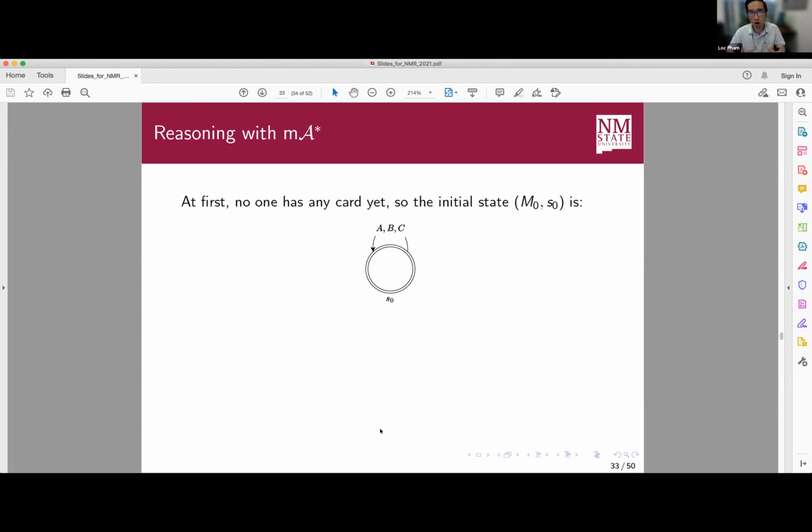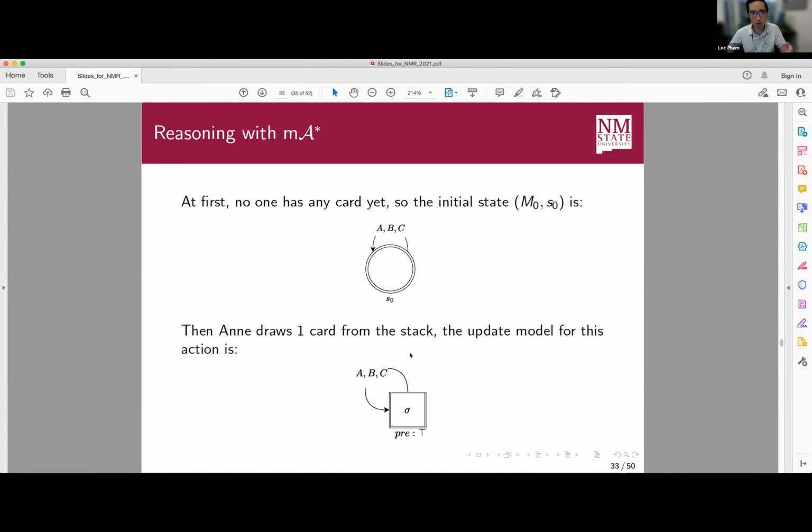First, because no one has anything in their hand yet, everybody must have an empty hand, and the true world must be that every fluent is false, and this is the initial state M0, S0 here. Then the update model for Anna drawing the first card only has one event because everybody fully observes that action.